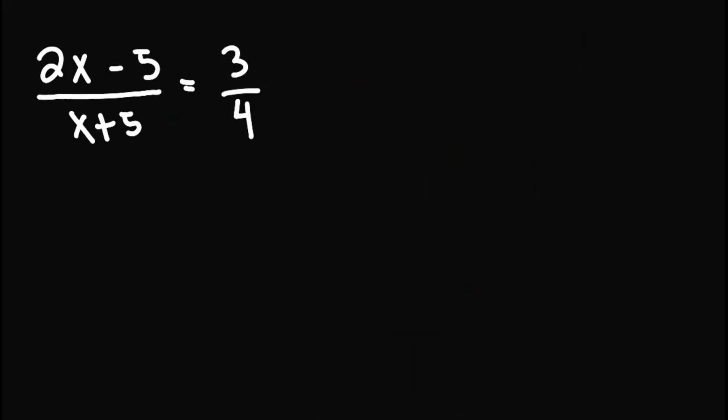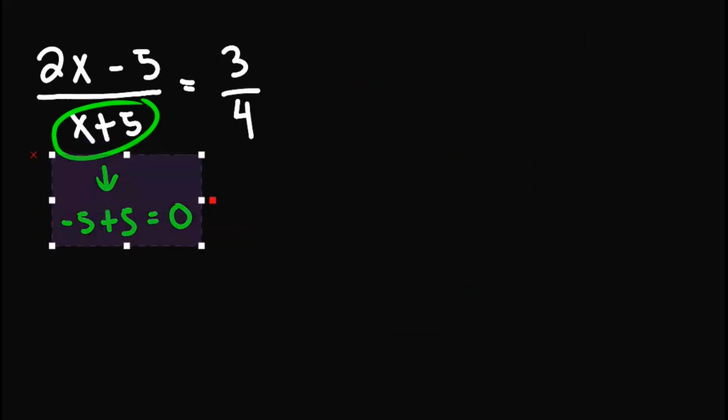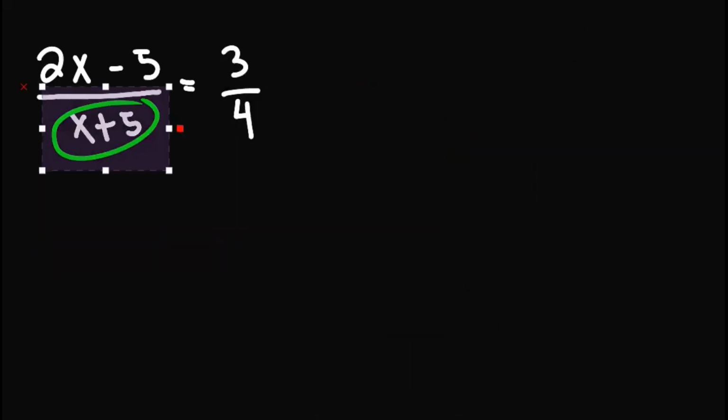First, in this denominator, when will this denominator be equal to 0? It will be equal to 0 if x is negative 5. Indeed, if we have negative 5 plus 5, that is 0. So we know that negative 5 cannot be part of our solution set.